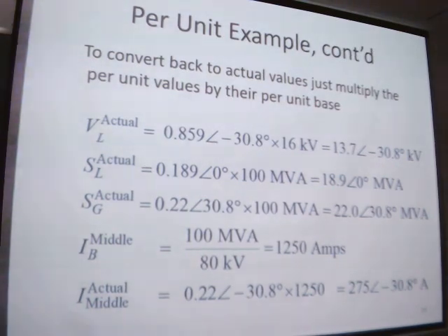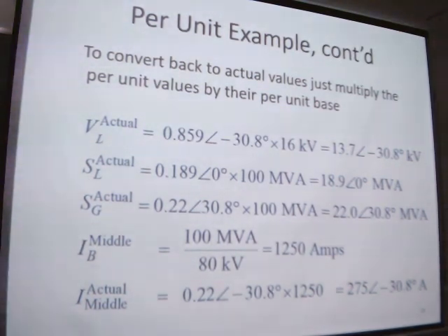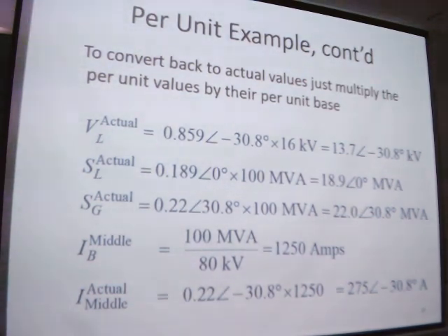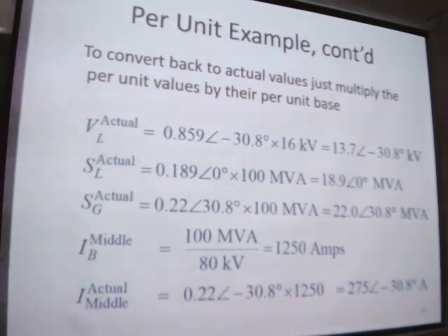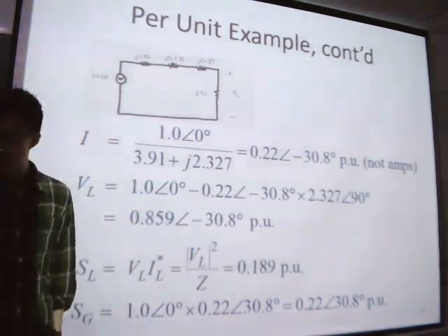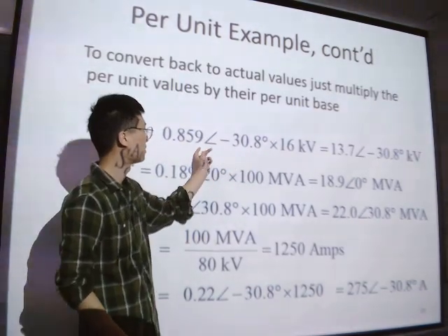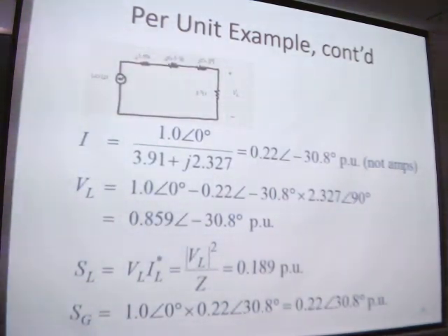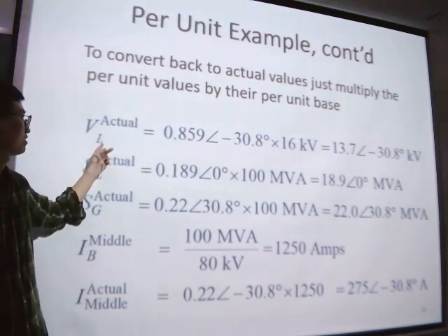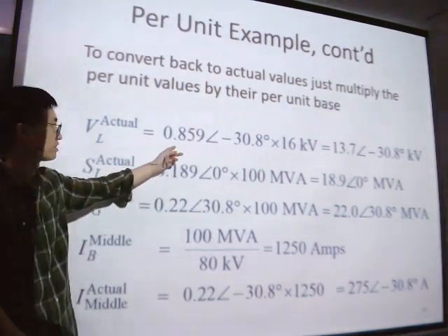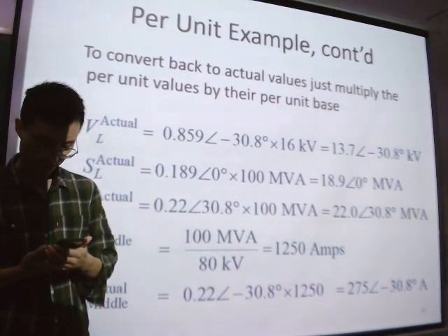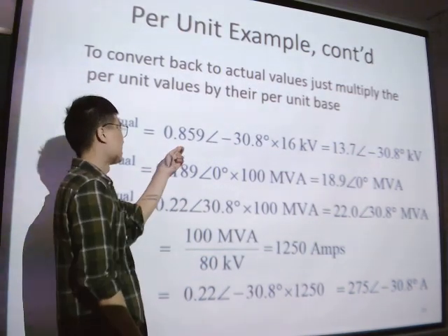Okay, so then we convert back to the actual values. We have to multiply the per unit values by their base to get the actual. This is the per unit value, right? Voltage, current, this is the per unit value, and this is the per unit, right?